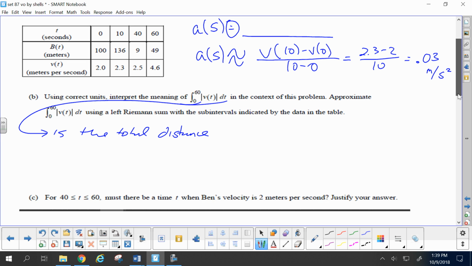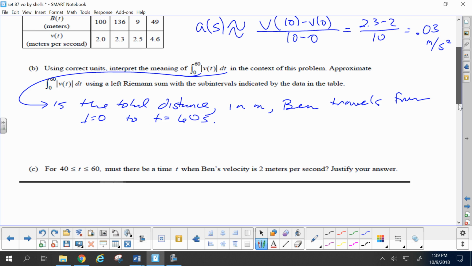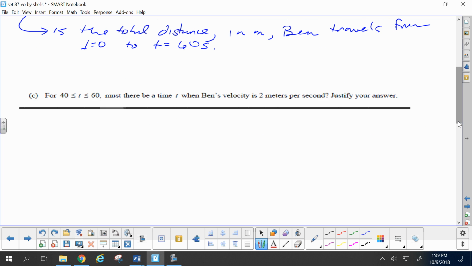So the total distance in meters that Ben travels from when to when? Time equals 0 to time equals 60, but you did have to show the units, and they were seconds. Okay?